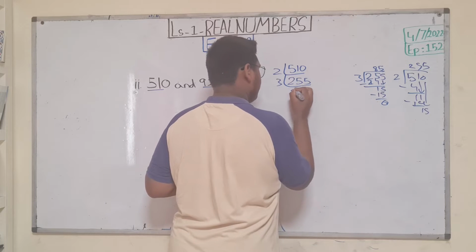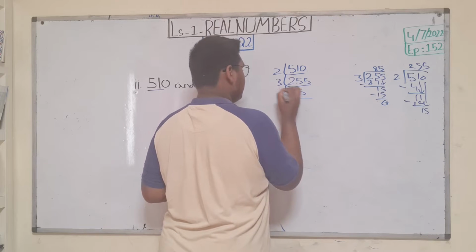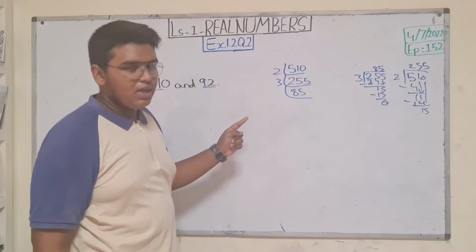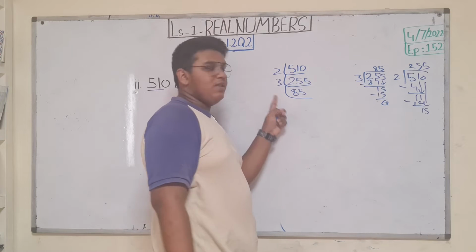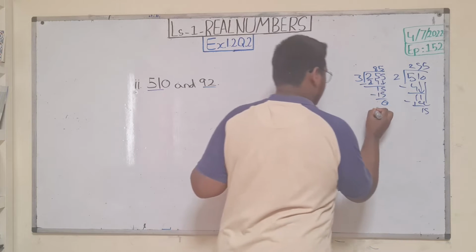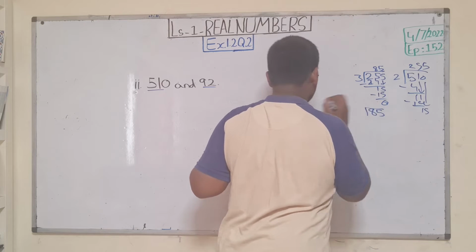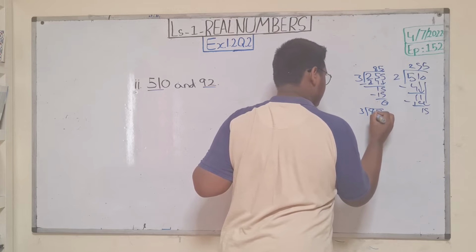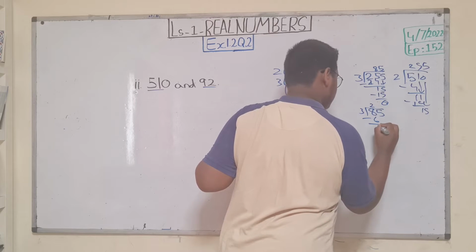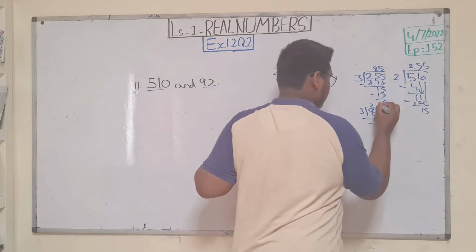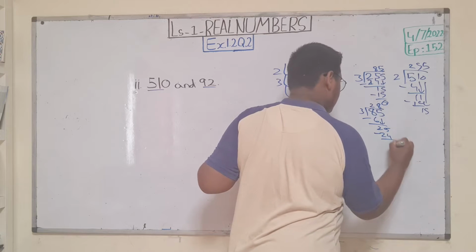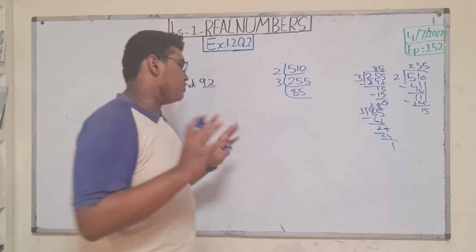So we get 85. Now if we take 3, will it divide 85? Let's check. 3 times 2 is 6, then 25. 25 means if I take 8, it is 24, remainder is 1, so it is not possible.